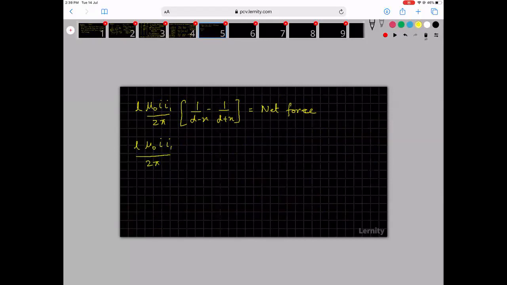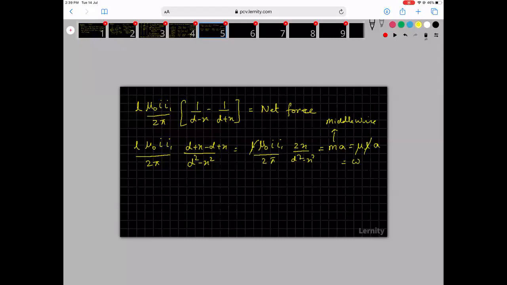I'll take LCM. So that is equal to L mu naught I1 by 2 pi times 2X by (D square minus X square). Now this is equal to M into A for the middle wire. That is equal to mass per unit length into L into A. So the L gets cancelled.